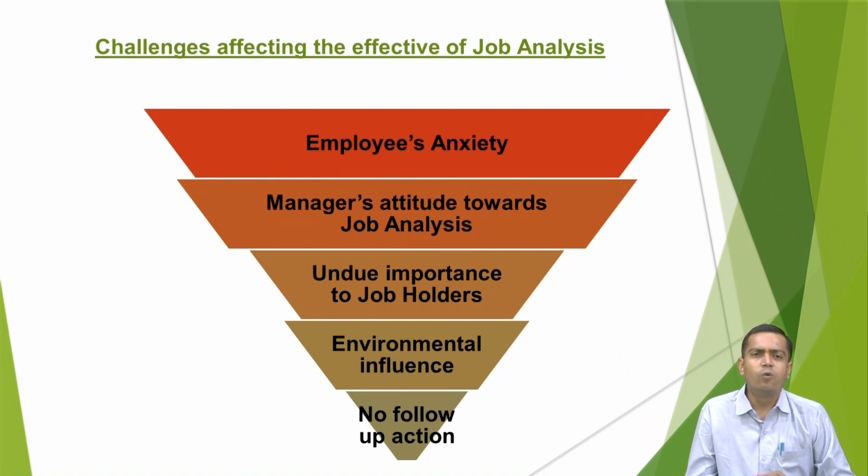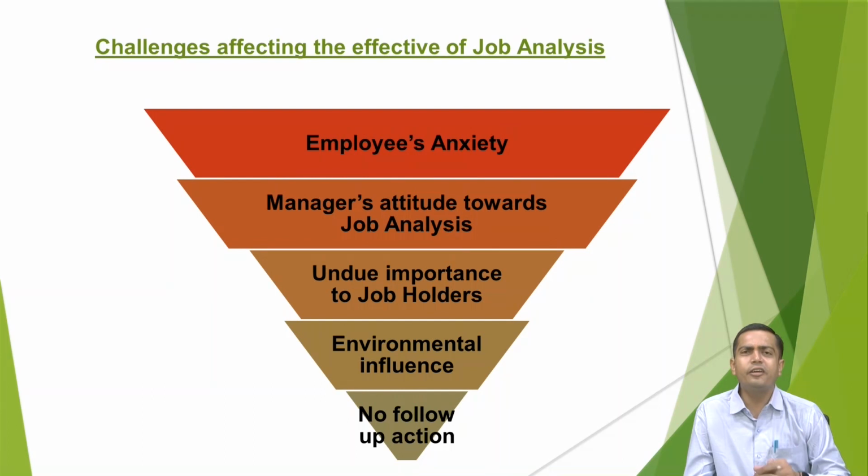Third, what about job holders? If more than required importance is given to job holders, it could be possible they might misguide us. Sometimes, not always. Environmental influence, like people are working in an environment where despite being interested, they are unable to provide us a better idea, or due to that environmental constraint we are unable to understand, then also that will create trouble for us.